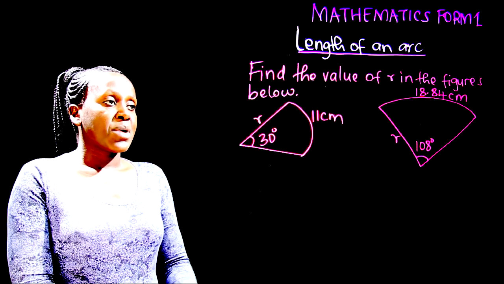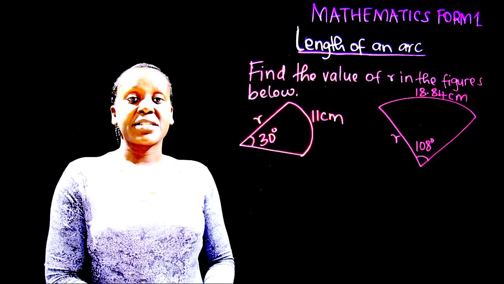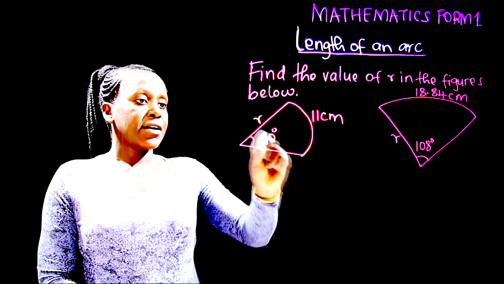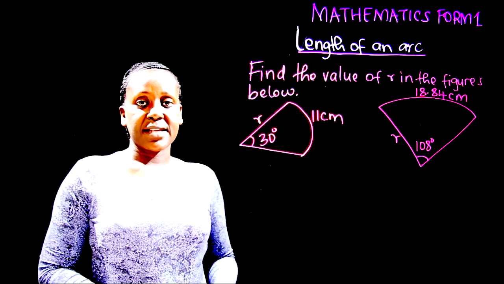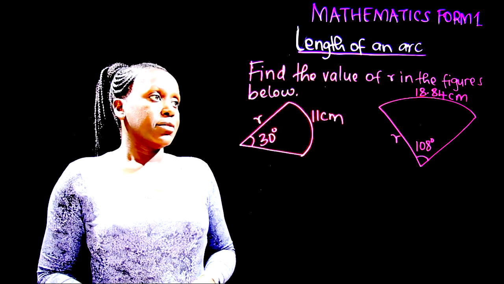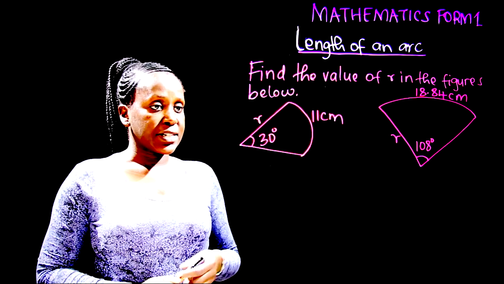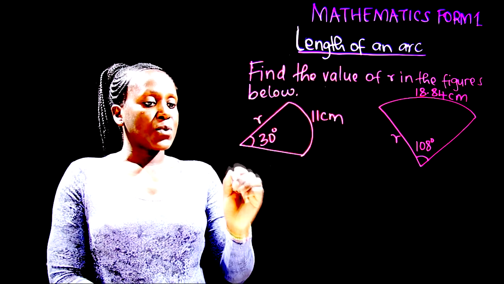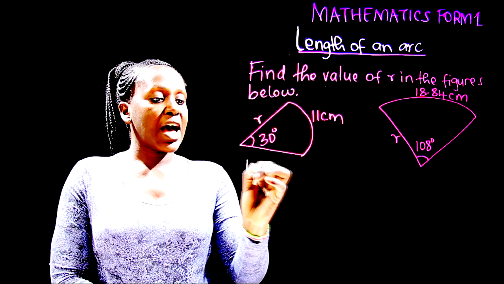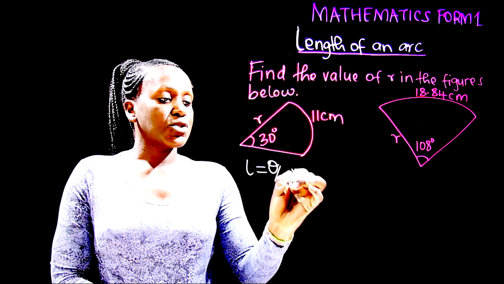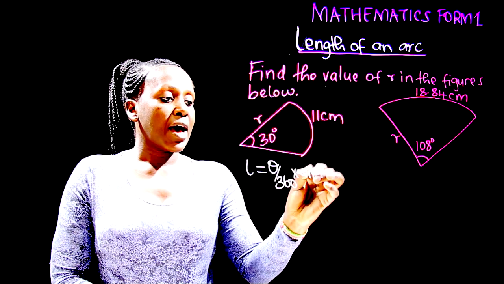So now, learners, we are going to learn how you can determine the value of the radius given the length of the arc and the angle subtended at the center of the circle. We are required to determine the value of r in these two figures. For the first one, we know that the length of the arc is equal to theta over 360 times 2 pi r.